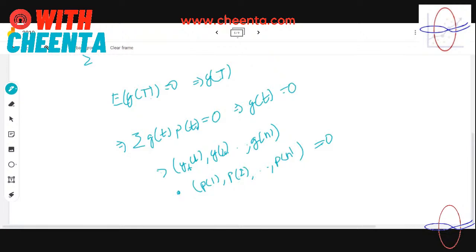So therefore, whatever the probability is, this implies that the g vector is 0.